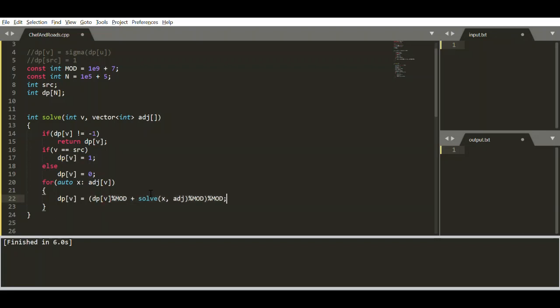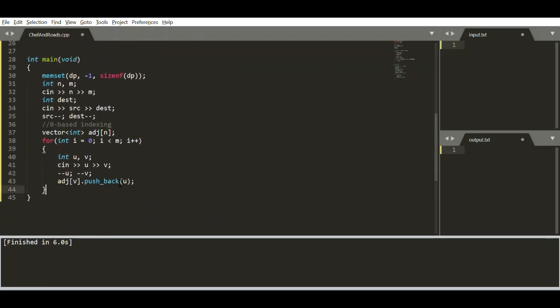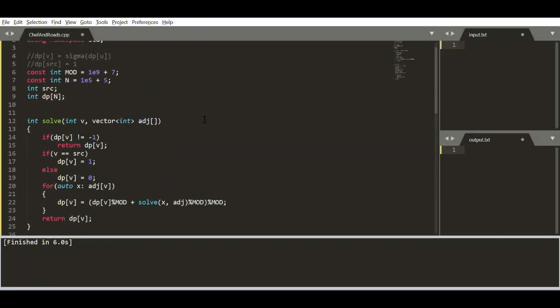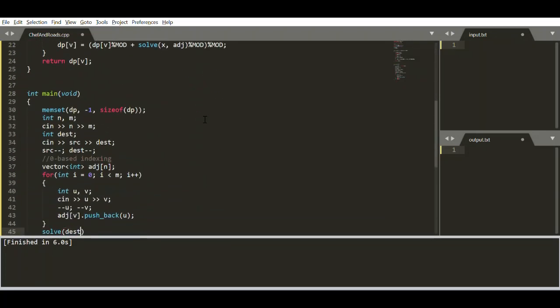Okay, so now we've got dp of v, and we should return this value. Cool. So now our answer was solve of destination, number of ways to reach destination, and adjacency list is this, and we should print this out. So let's go.